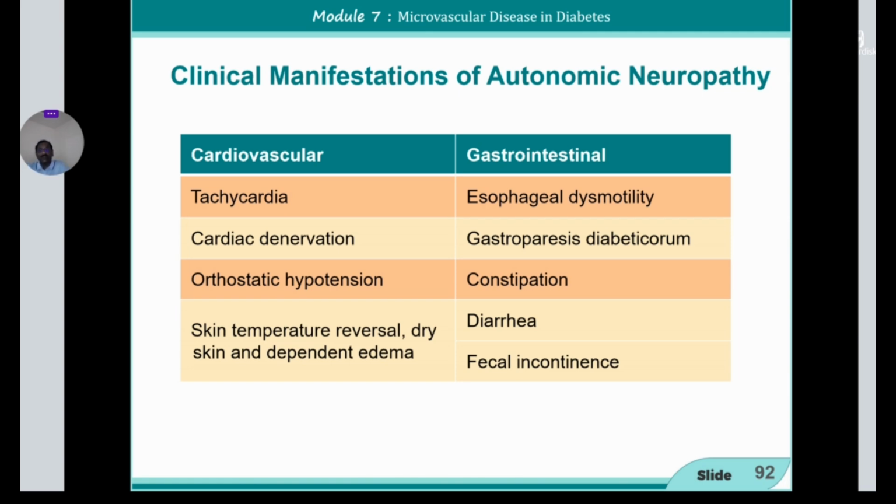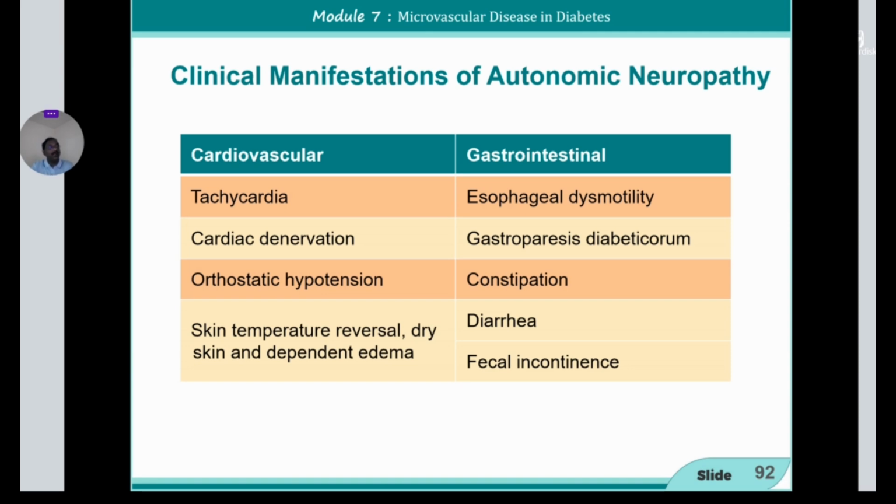Cardiac denervation, orthostatic hypotension. That is the reason that in all chronic diabetic individuals, and also when they happen to be hypertensive, you have to check the blood pressure in all three postures: supine position, sitting position and standing position, to rule out orthostatic dysfunction. When the patient has orthostatic hypotension, it indirectly tells you that the patient also has autonomic neuropathy.